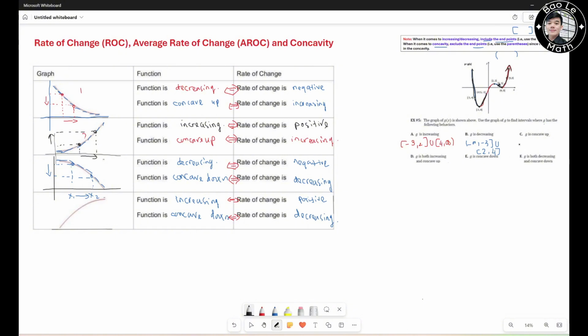Alright, so it's gonna be negative infinity to negative 0.5. You don't put the bracket, you must put the parenthesis right here, because this guy is the point of inflection. Union 3 to infinity. Alright, let's move on to the next one.